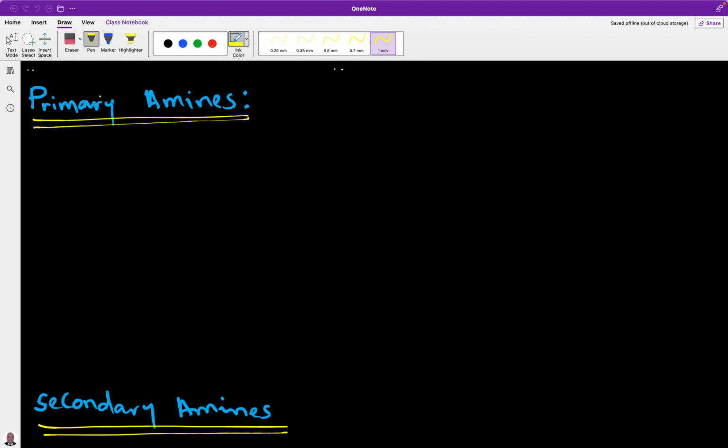Let me just give the example here. You can have a compound like this, NH2. You can have another compound like this. The carbon chain can keep on increasing.